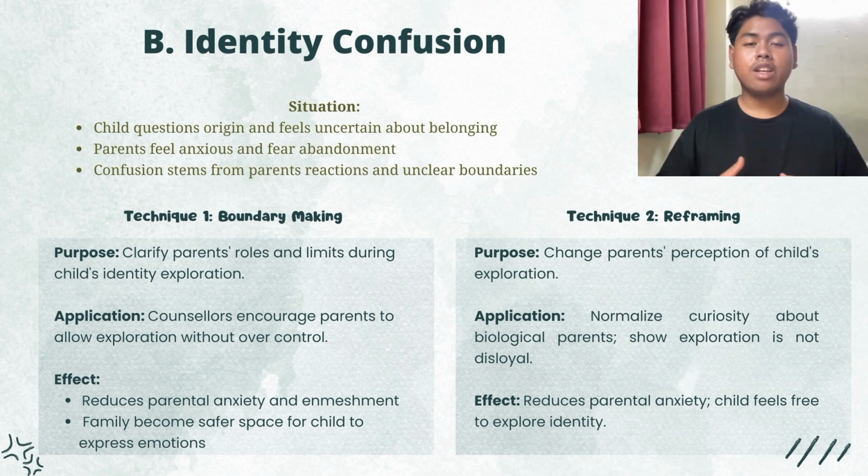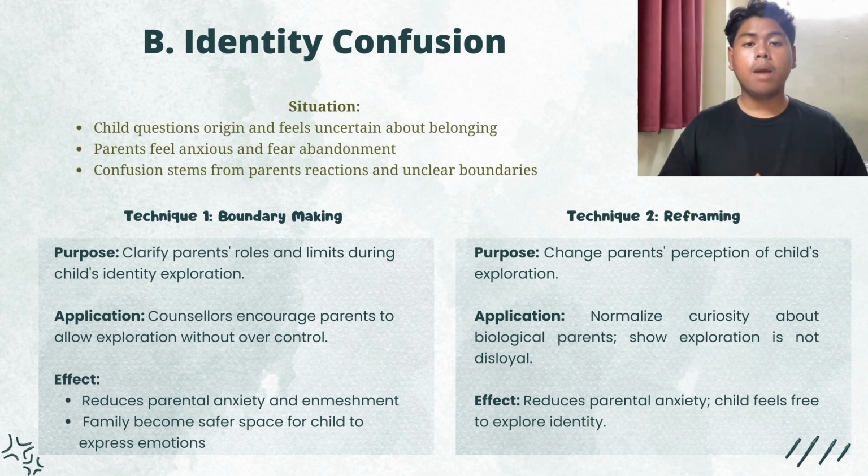So, the first counseling technique used is boundary making. The purpose of the technique is to clarify the parents' role and limits while the child explores their identity. The counselor encourages parents to allow the child to explore their feelings and questions without excessive control or emotional pressure.